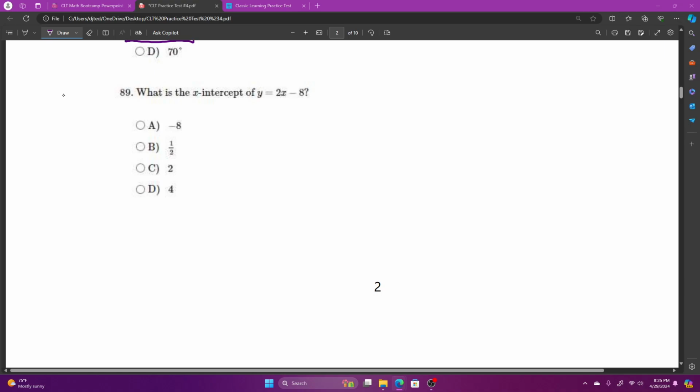But they're not asking for a y-intercept. They're asking for an x-intercept, which says, what is x when y is 0? So we can rewrite this as 0 equals 2x minus 8.